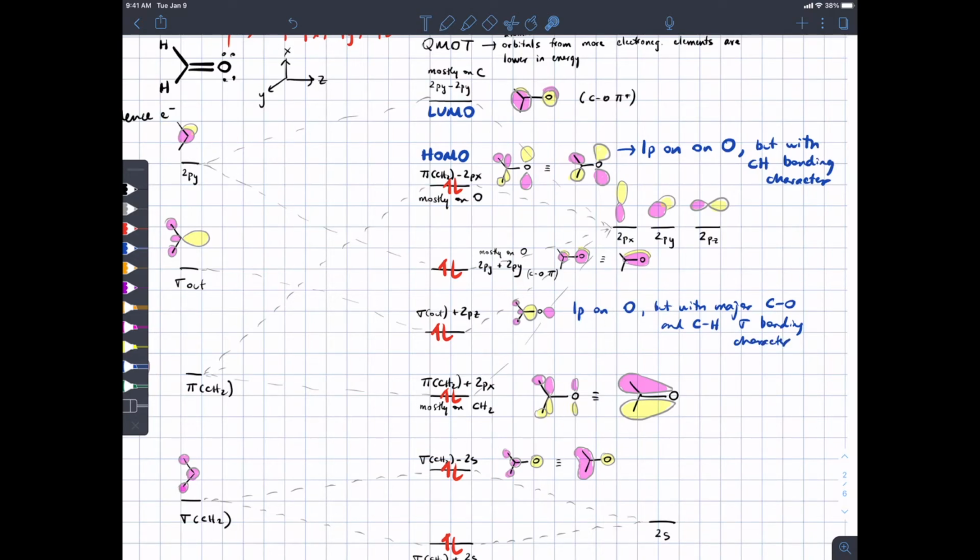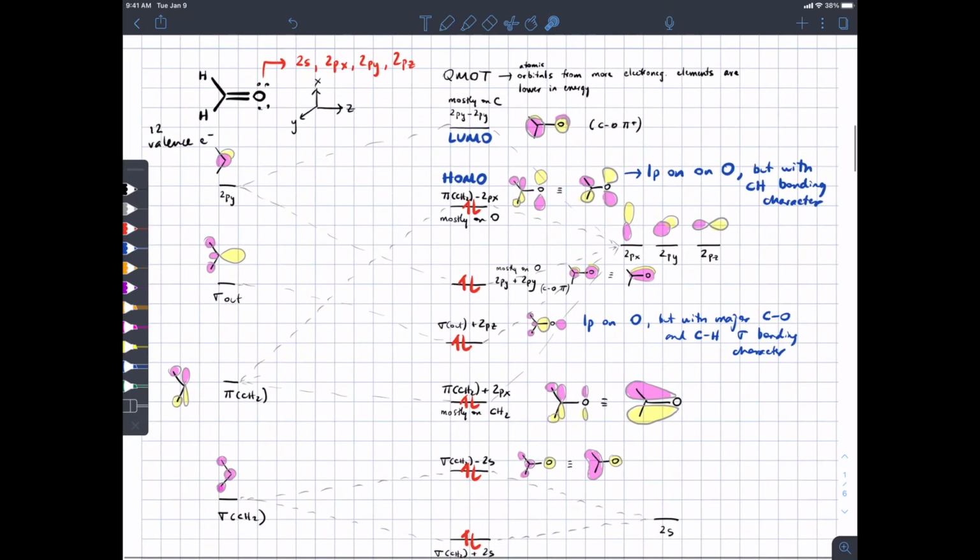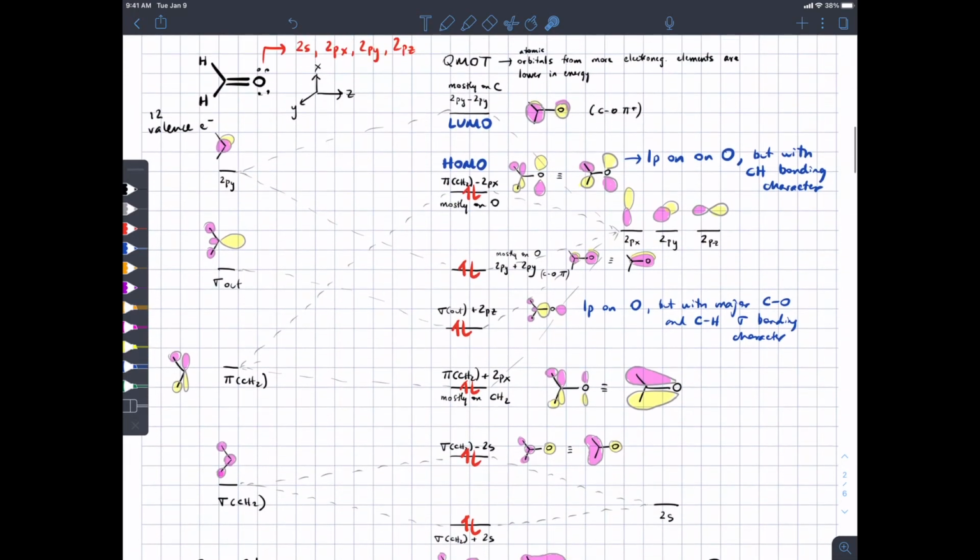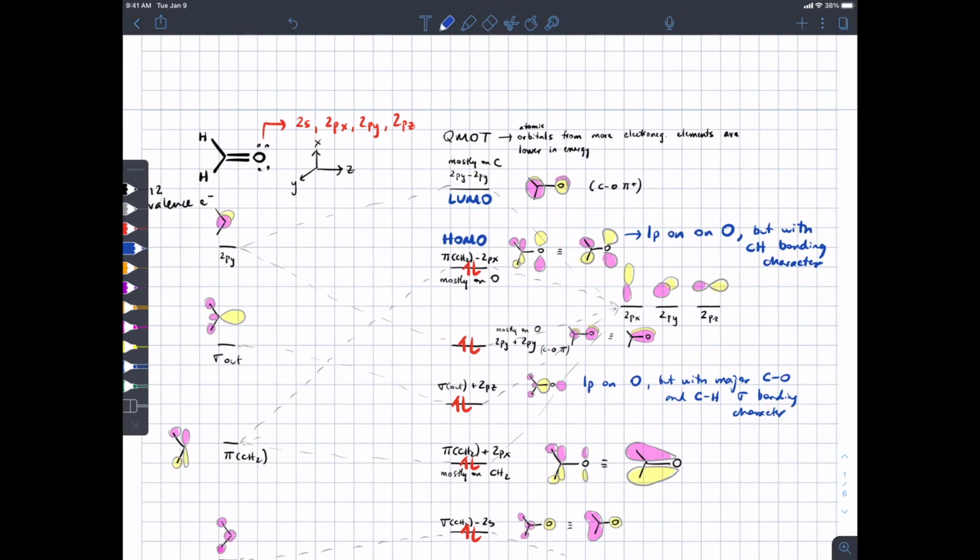So effectively, what MO theory tells us is that you have two different lone pairs on oxygen. You have one that's higher in energy, one that's lower in energy. If you were going to have the formaldehyde react as a nucleophile, which electrons would do the attacking? Of course, the answer is the highest energy lone pair electrons, not the electrons in the pi bond.